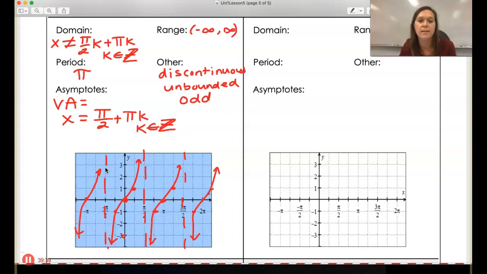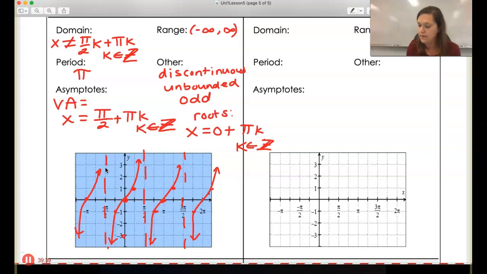So it is symmetric to the origin. Okay, my roots are occurring when x is equal to 0 plus pi times some integer. So pretty much at every pi, right, we have an x-intercept. Okay, so that's your tangent graph.